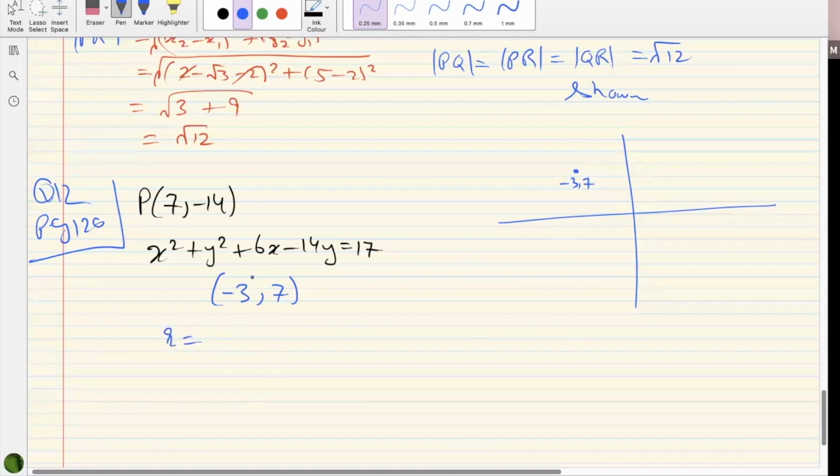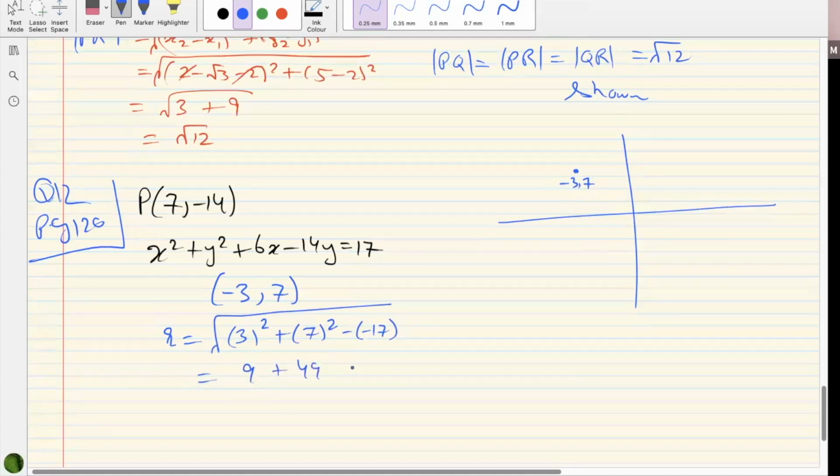So radius is equal to 3 squared plus 7 squared, and taking 17 to the other side, plus 17. So this is 9, 49, 17, 75, which is square root 75.